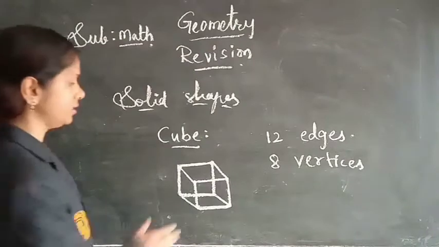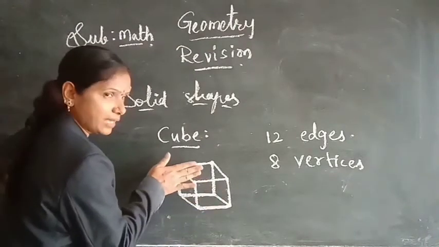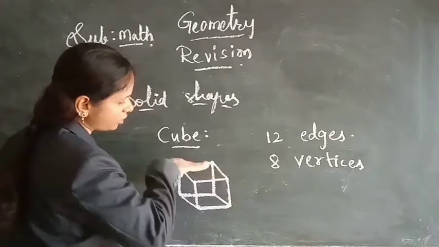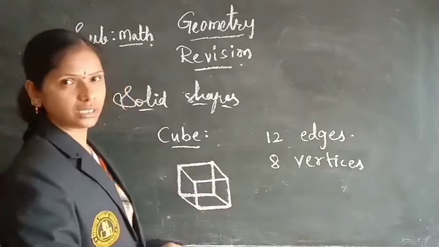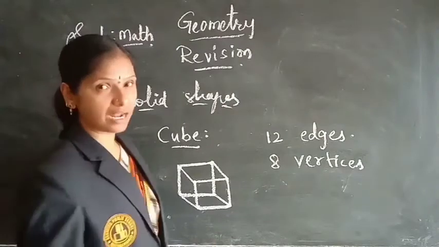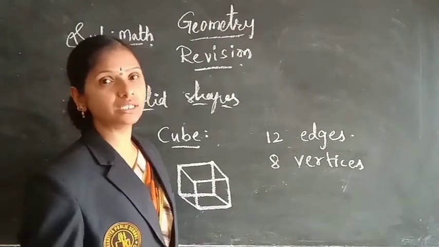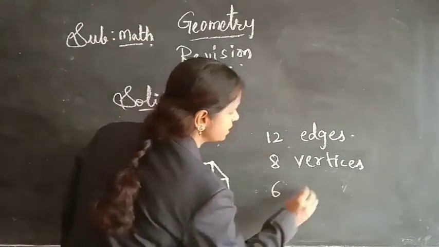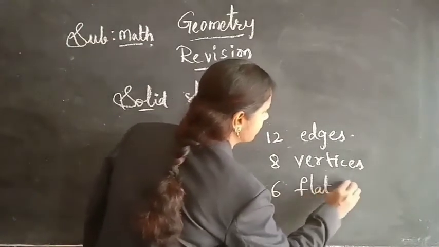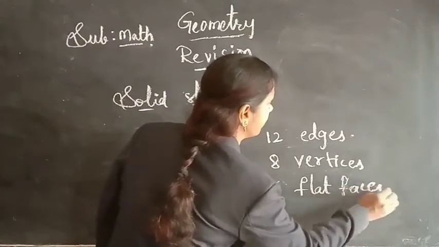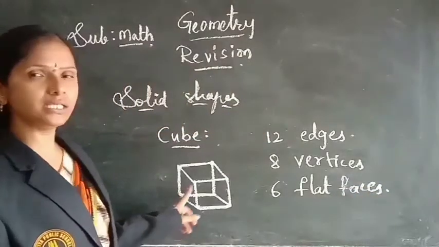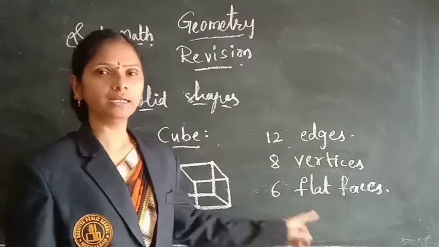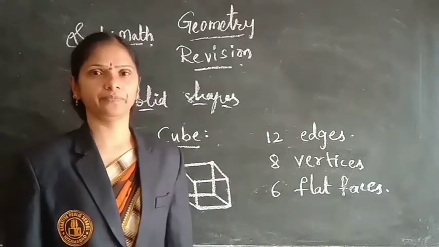And its faces: front 1, back 2, left 3, right 4, top 5, and bottom 6. So all 6 flat faces, and all faces are square. Means a cube has 12 edges, 8 vertices and 6 flat faces.